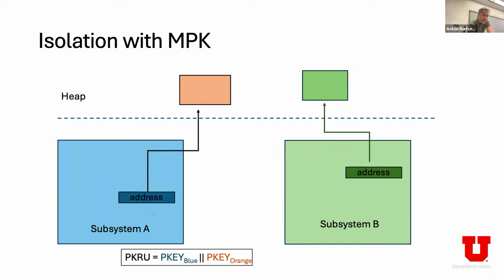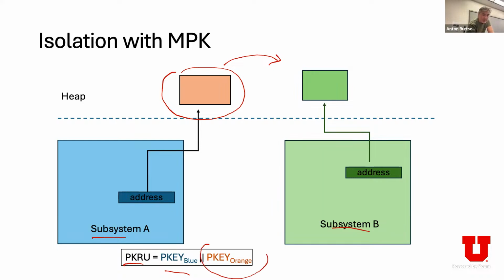If you have two subsystems in one address space, one page table, subsystem A and subsystem B, and you're running inside A, which is blue here on the screen, the value of PKRU will have this combination of keys. The blue will be available. Suppose you have a region of memory which you plan on moving into B on a cross-subsystem invocation.